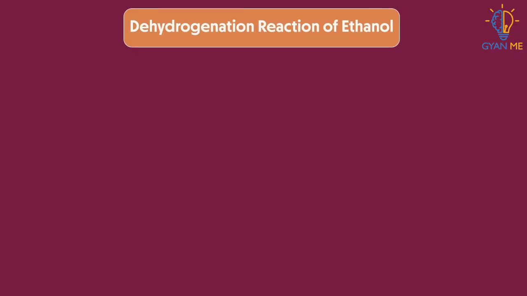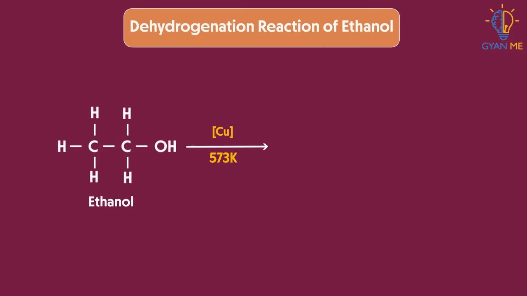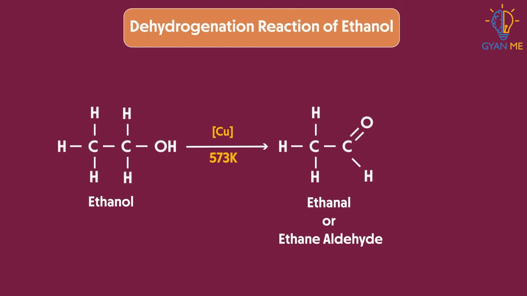So in dehydrogenation, when ethanol vapors are passed over heated copper at 573 Kelvin temperature, it produces ethanal or acetaldehyde and hydrogen gas. Students, here copper acts as a catalyst and does not take part in the reaction itself as a reagent.